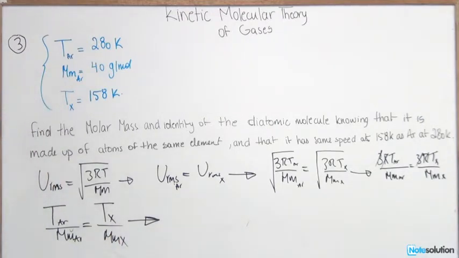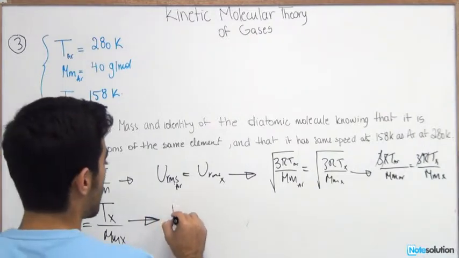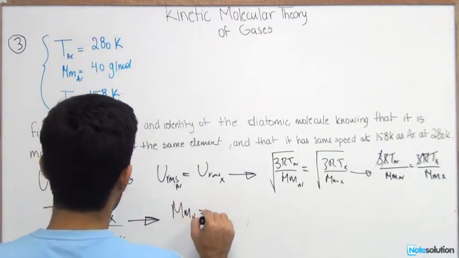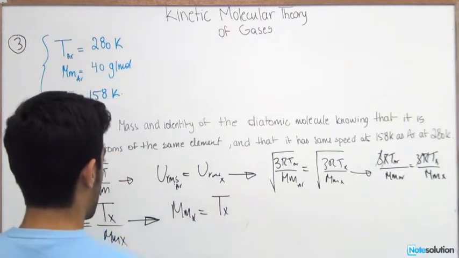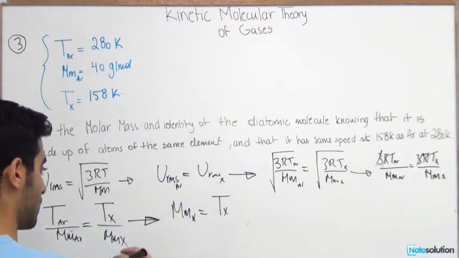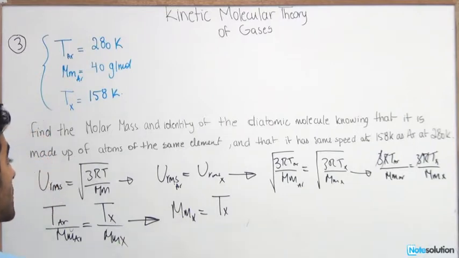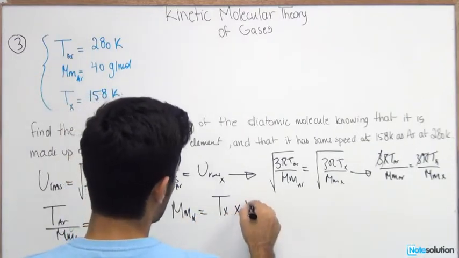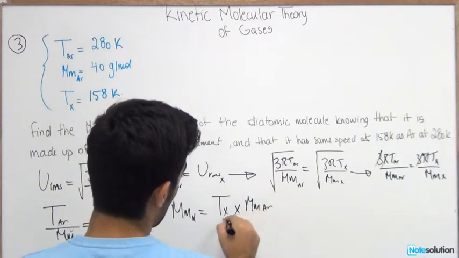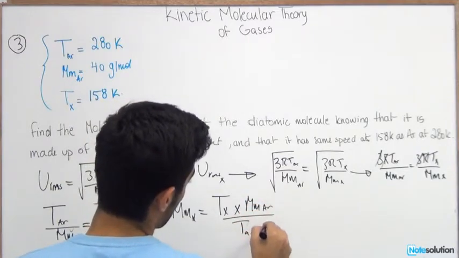Reorganize the components of this equation. Molar mass X would be equal to temperature of the X, which is 158, times molar mass of argon over temperature of argon.